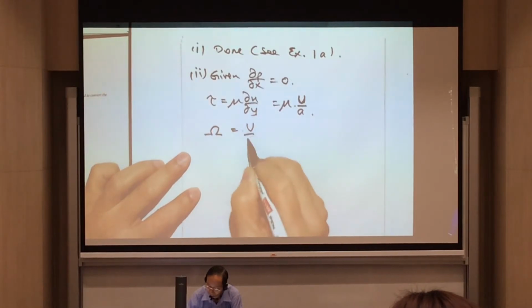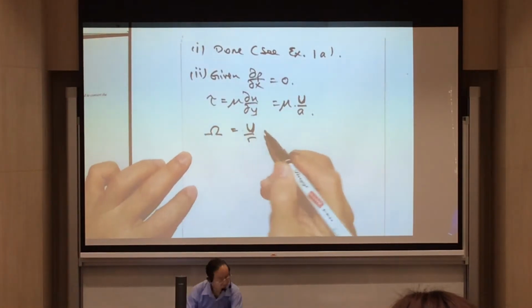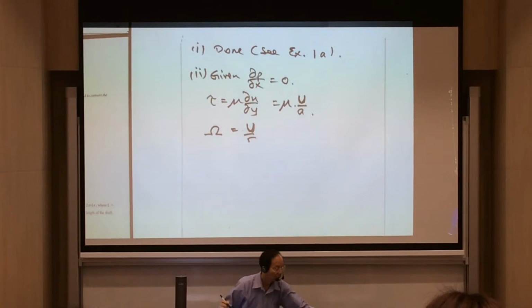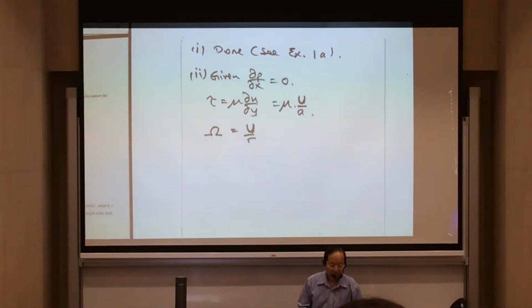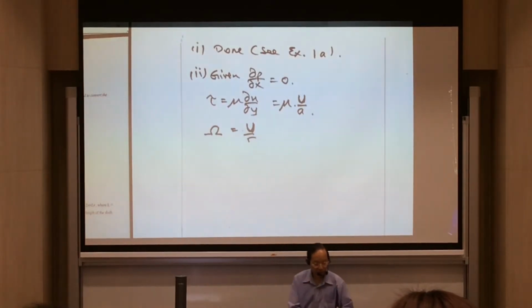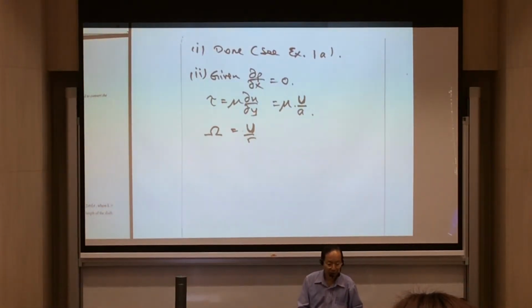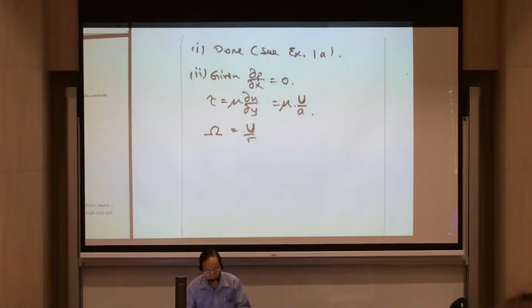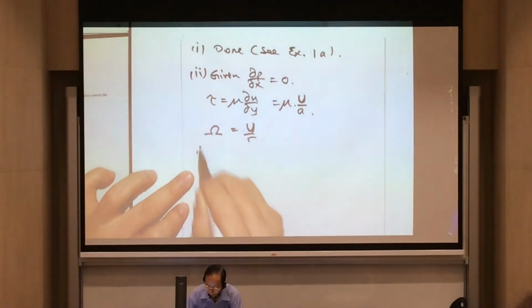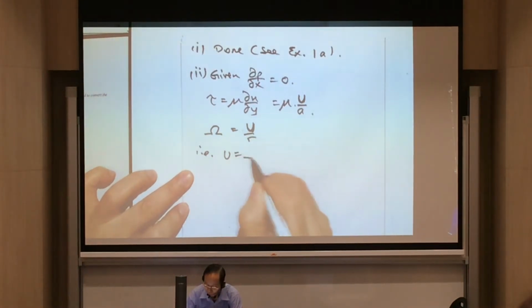Omega is u over r, or u is equal to omega r.